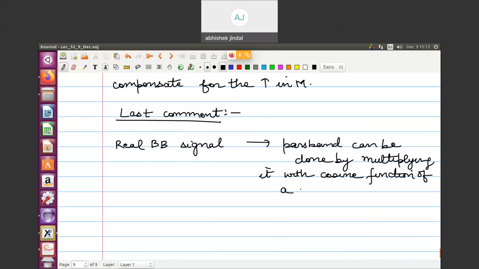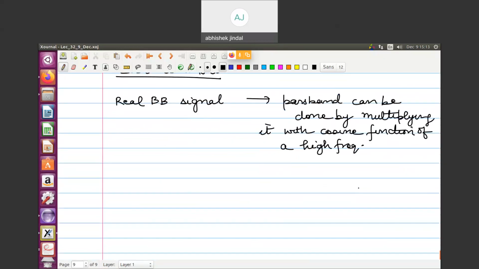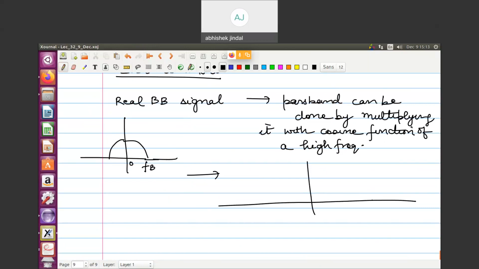Since the signal is real baseband, its spectrum would be symmetric about 0. Now I shift it to passband, so you simply multiply it with the cosine function.